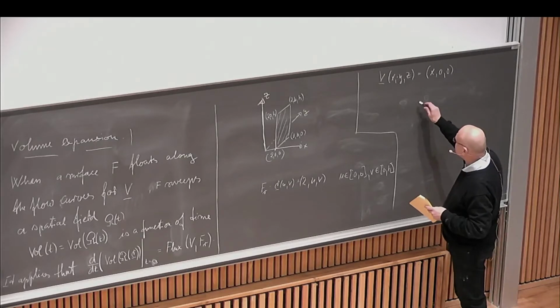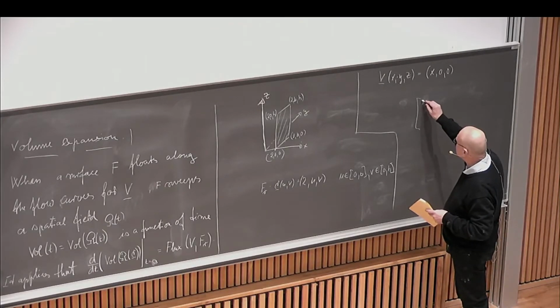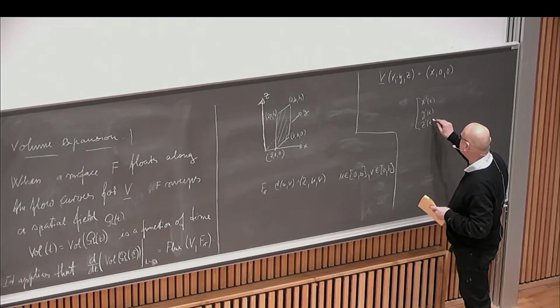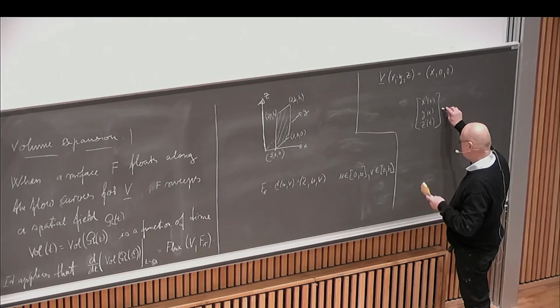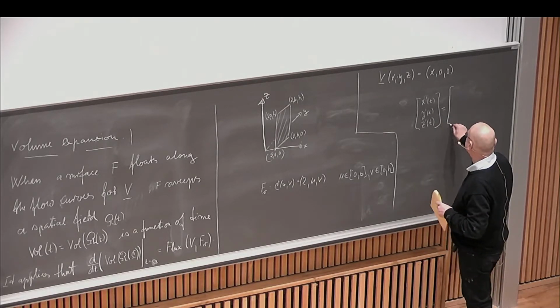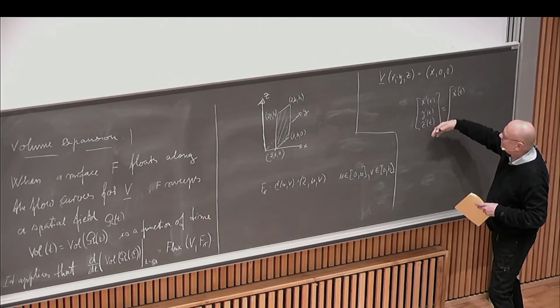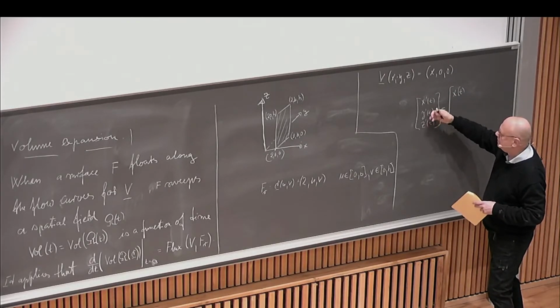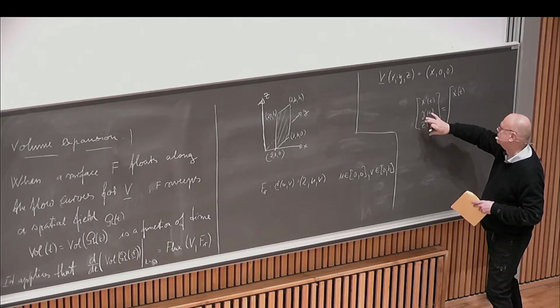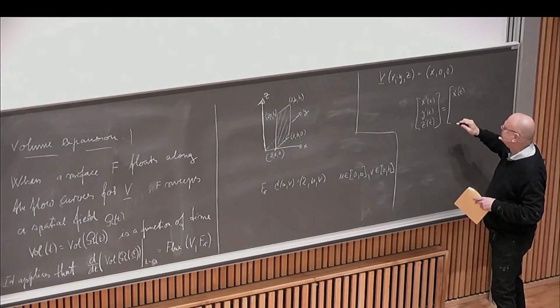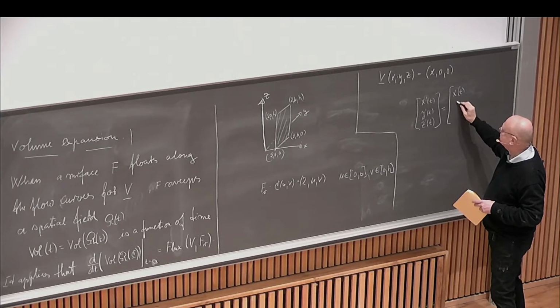And the flow curves are simply defined as (x'(t), y'(t), z'(t)) equal to the vector field, so that will be (x(t), 0, 0).